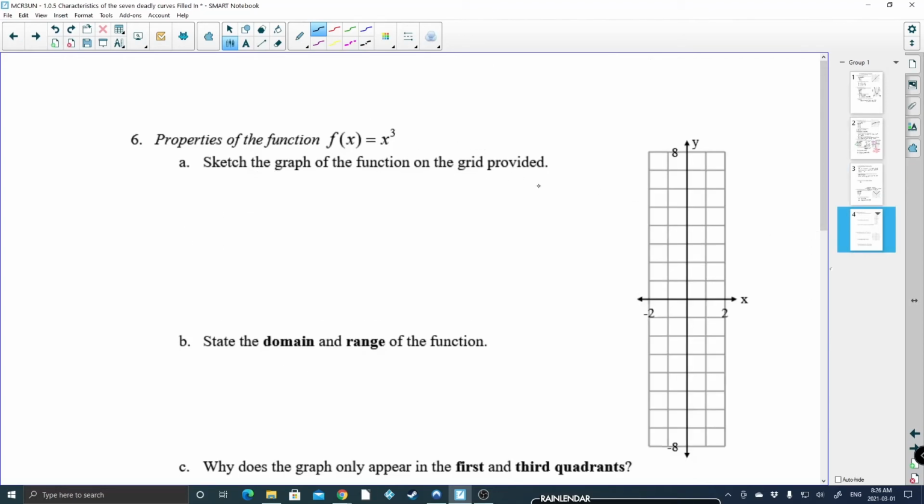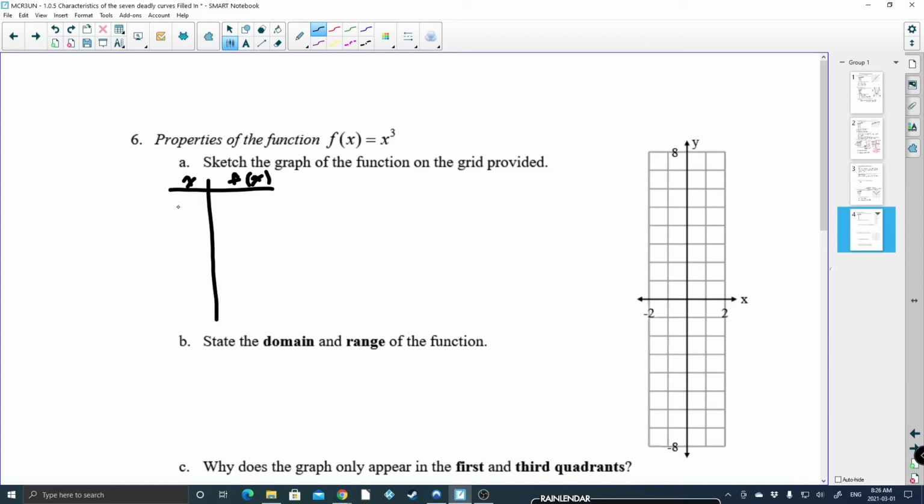Let's continue with the x cubed. We're almost done. We've got 2 more to do. So for the x cubed function, similar to the parabola, we want a few points to be able to tell what's going on with the cube.